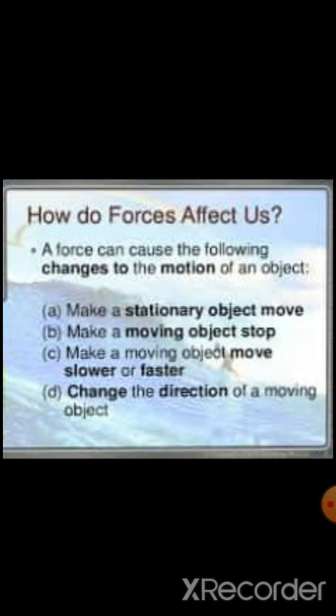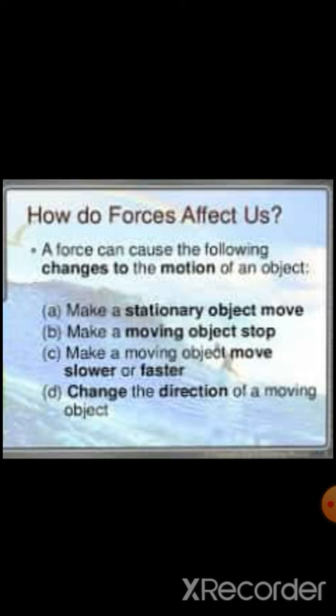The fifth point and the last one, force can change the shape of an object. So, there are 5 possible effects of a force when it is acting on an object. We can observe either one or more than one effect when a force is acting on an object.